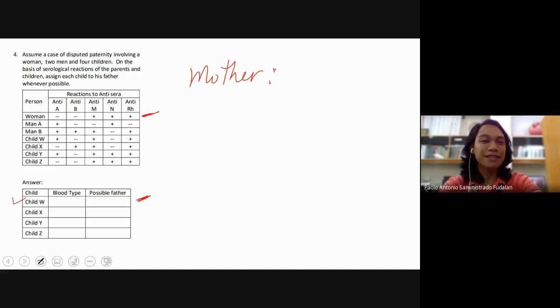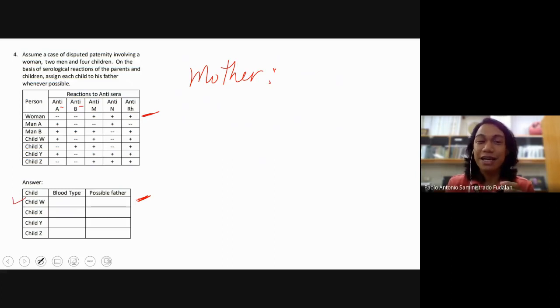All right. Let's see. Take note here of the anti-A and anti-B reaction. I think this needs to be clarified. When we say anti-A, it's sort of a chemical put in your blood, and if you have A antigen in your blood, it is going to have a positive reaction, kasi anti-A is a chemical used to test. Anti-B is also the same. If you're type B and anti-B is placed on your blood, it will agglutinate. It will react.